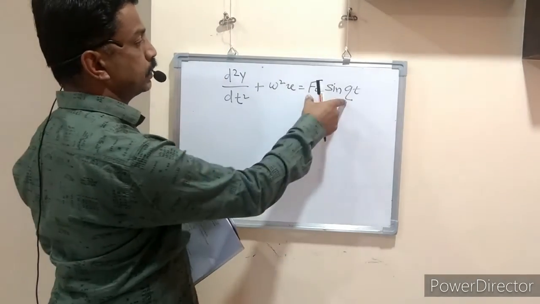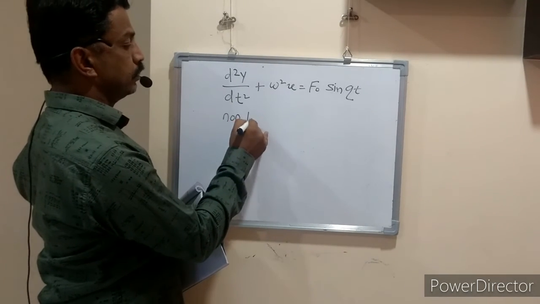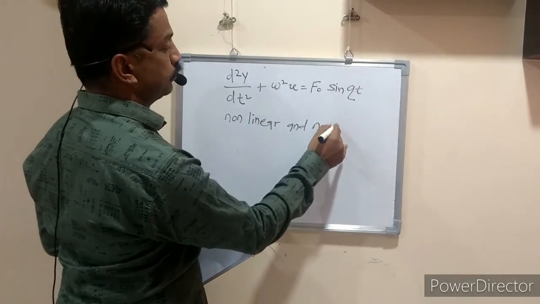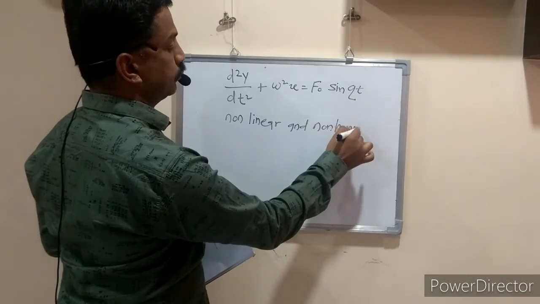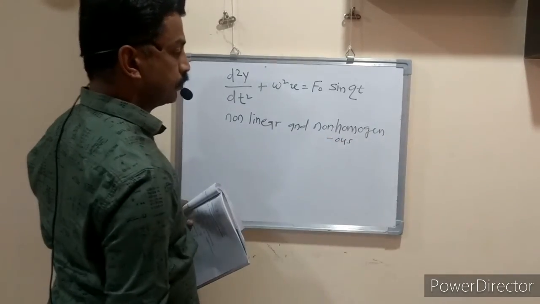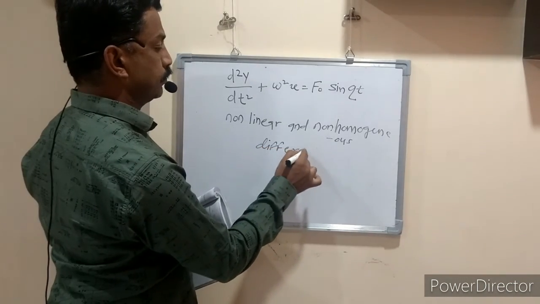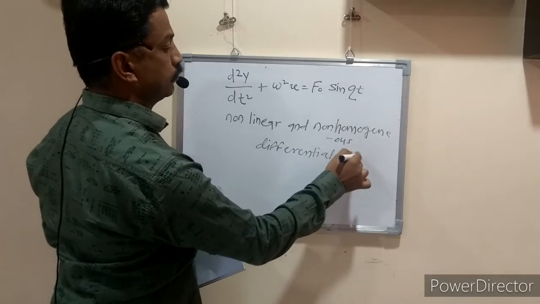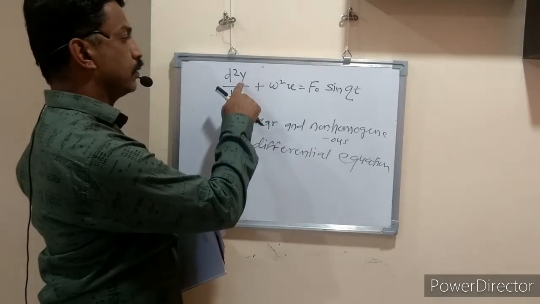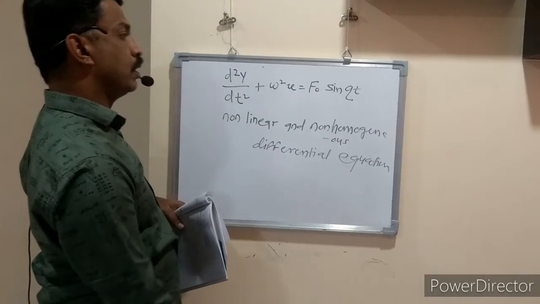The term y is present only in one place, and here it is not present, so it is non-homogeneous and non-linear.